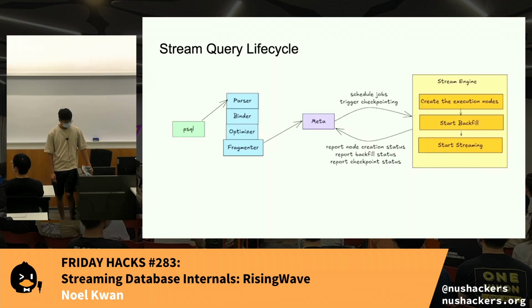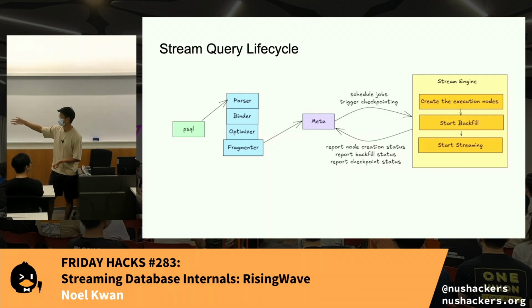Okay, so just a brief overview of the stream query lifecycle, as well as where we are going to focus. Generally, when a query comes in, because we are Postgres compatible, maybe the user is just using PSQL to connect to us, and then it will go through these phases. The initial phases are pretty standard for any database or compiler.